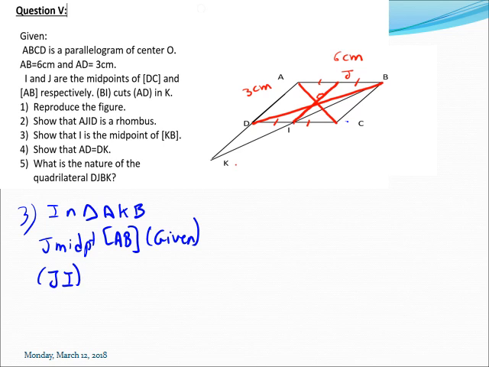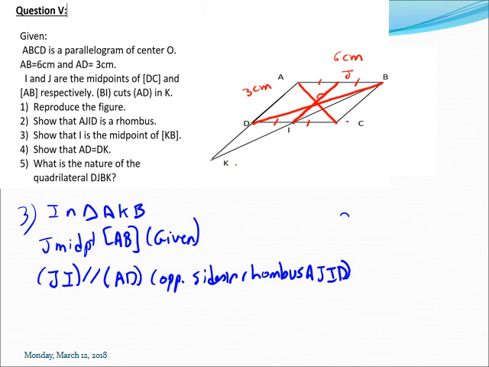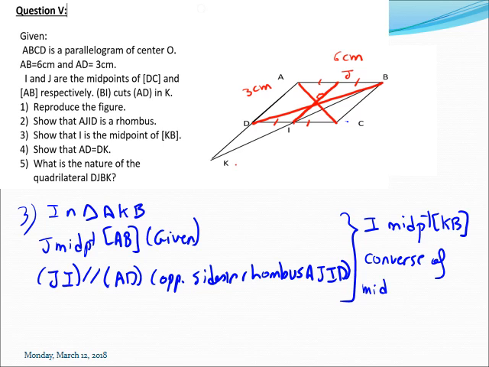JI is parallel to AD, opposite sides in rhombus AJID. So I is the midpoint of KB. Converse of the midpoint theorem.